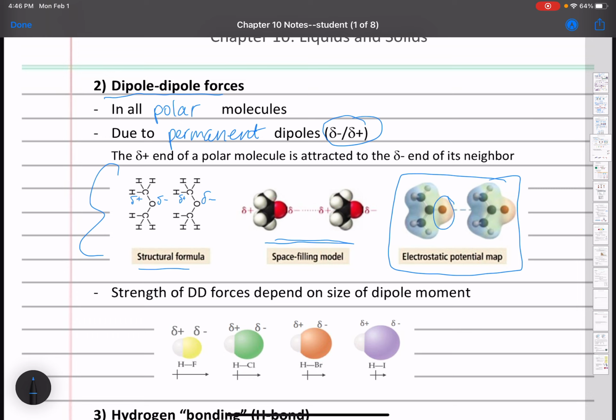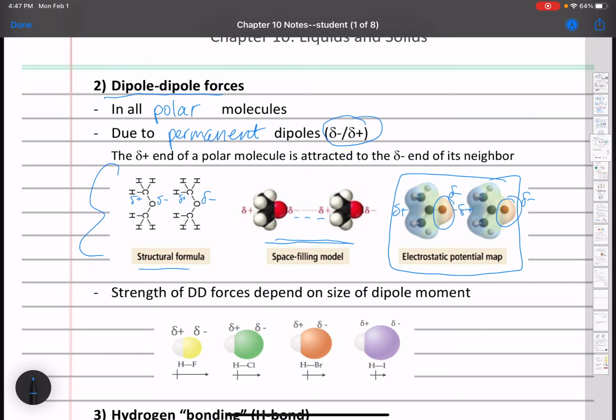So you can see it's very hot here. This represents the partially negative, electron-packed zone versus the partially positive, electron-poor zone. And so these molecular poles attract each other. Polar molecules are typically more strongly attracted to each other than nonpolar molecules.